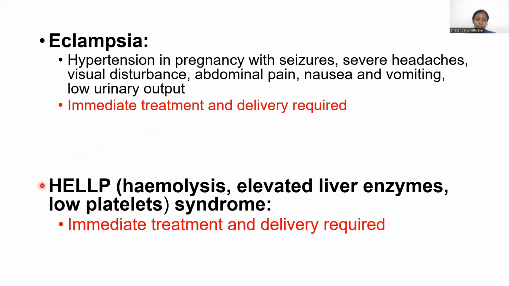Then this can progress into HELLP syndrome, where you have hemolysis, elevated liver functions, and low platelets. Again, these patients need a multidisciplinary approach. Patients need to be seen by the obstetric team, anesthetic team, or the intensive care team very early.